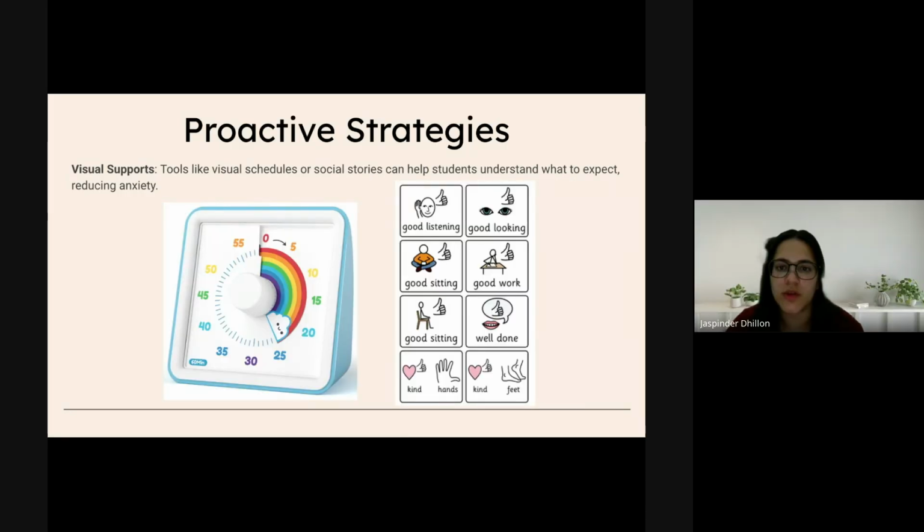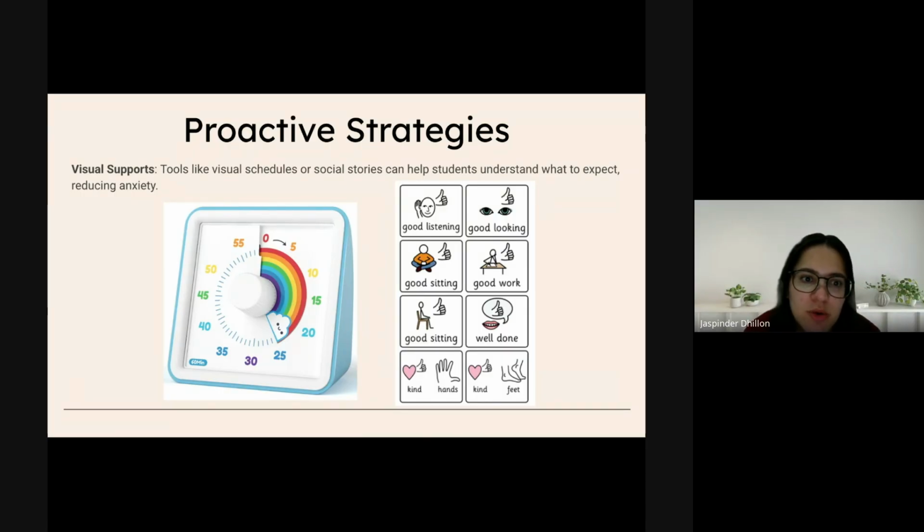So the other visual supports that you can use to help is timers. Timers can be used to limit a break time, or to suggest that there will be some sort of transition, whether it's finishing a task or the end of a lesson, or also for their break time as well. So the timers are very versatile and can be used in different situations.